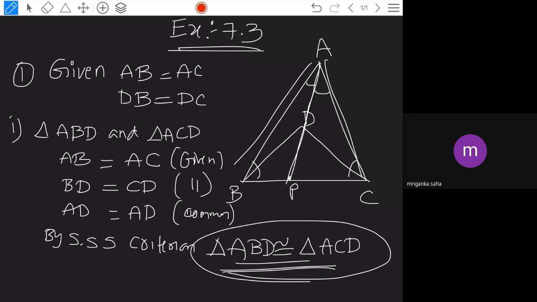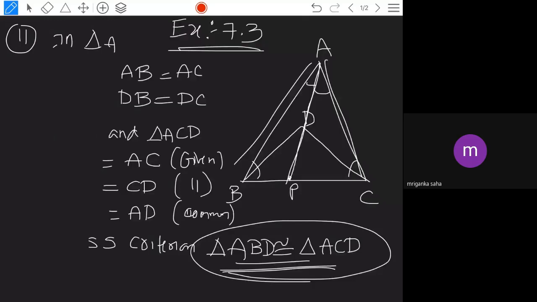So the second result, what you can prove here in the second part, in triangle ABP and triangle ACP. Those two triangles only, isn't it? ABP, ACP. So in this, AB is equal to AC.